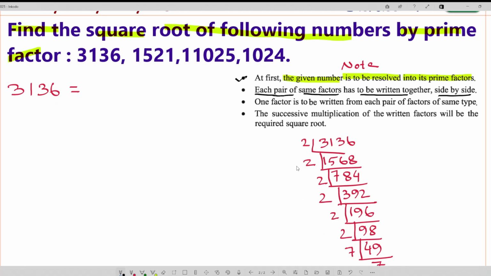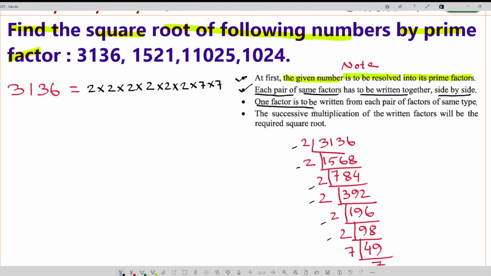So here is 2 times 2 times 2 times 2 times 2 times 2, and finally times 7 and 7. Okay, so the second step is also done.